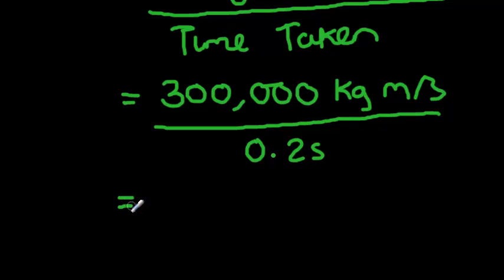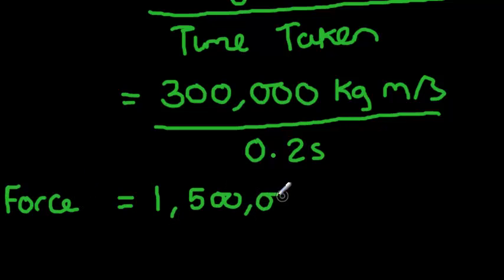Dividing by 0.2 is going to make it bigger. Putting that in my calculator, the force is 1,500,000 newtons.